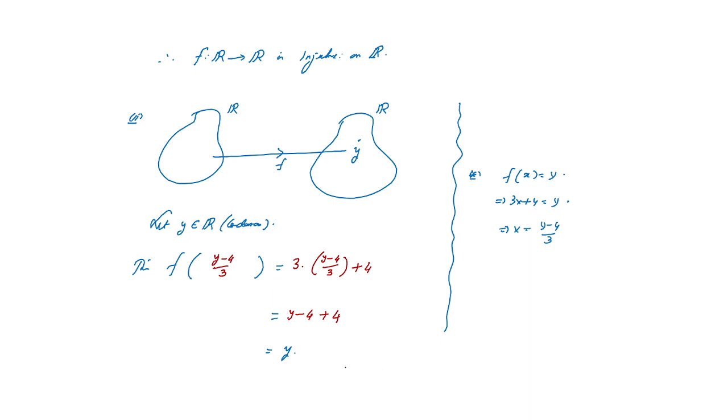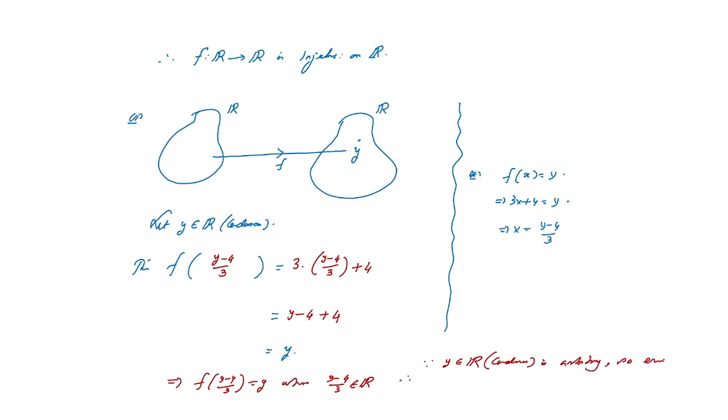So now you see f((y - 4)/3) equals y, where (y - 4)/3 is basically a real number. So since y belongs to R, this codomain element is arbitrary.